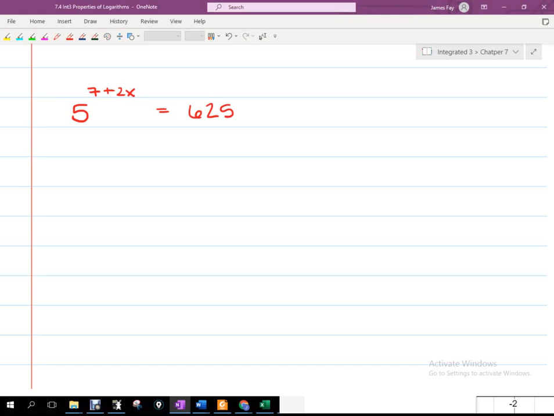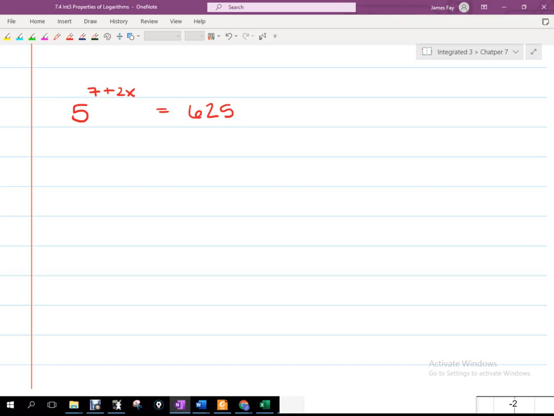We want to see if we can create a base that's the same. Does anybody know the relationship between 5 and 625 in terms of powers? What's 5 squared? 25. Okay. What's 25 times 5 again? 125. What's 125 times 5 again? 625.